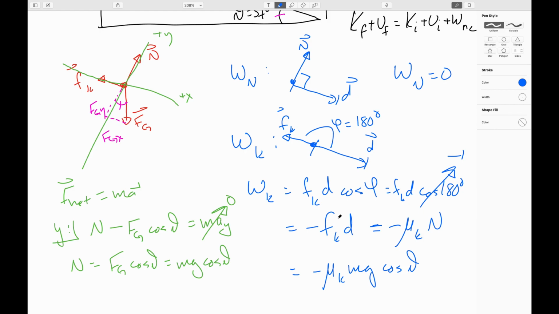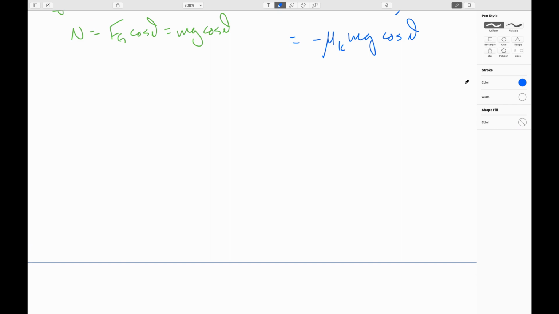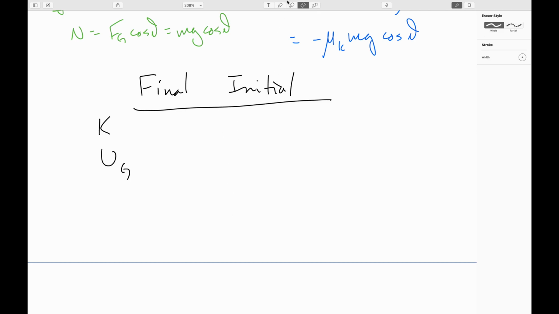All right, so when we add up our forms of energy here now, again, you're going to make a table, initial, so again, we write down all the forms of energy we can think of. So now we're going to have kinetic, gravitational potential, and now we need to be just a little more careful here.